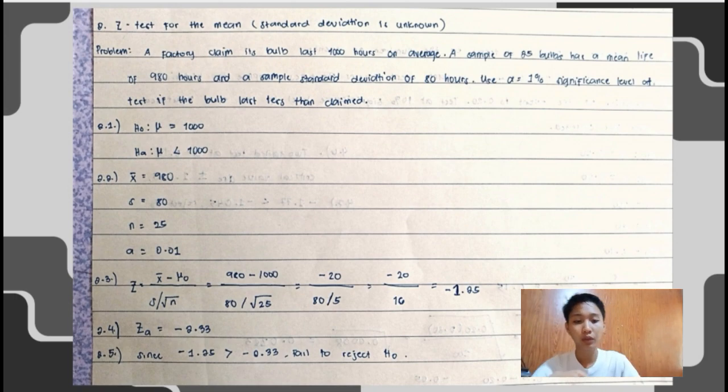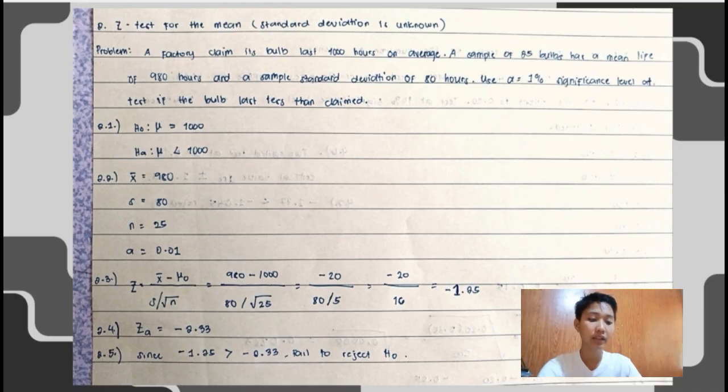So first, we are going to identify the hypothesis, the sample mean, the standard deviation, the sample size, and our significance level. So our hypothesized mean is 1000, our sample mean is 980, our standard deviation is 80, our sample size is 25, and our significance level is 0.01.